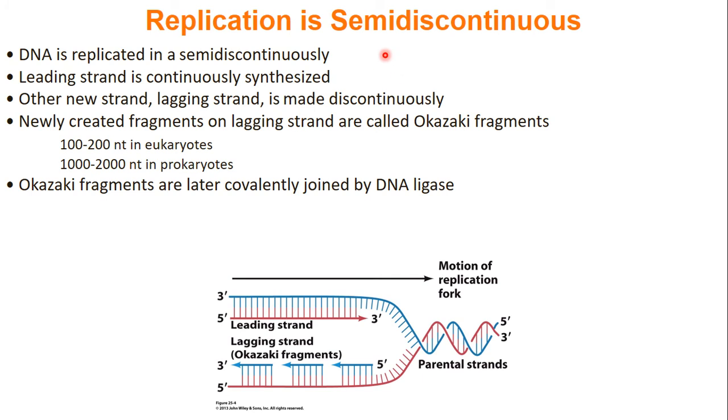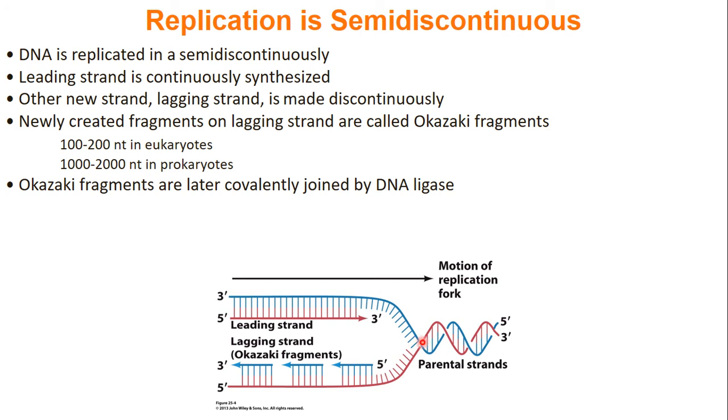Now, since DNA can only be made in one direction, 5' to 3', it is semi-discontinuously synthesized. What that means is that the leading strand always has a 3' hydroxyl, so that just continues on and on and on. However, the other strand, the lagging strand, does not. So we need to make the lagging strand in fragments because I can only add to the 3'.